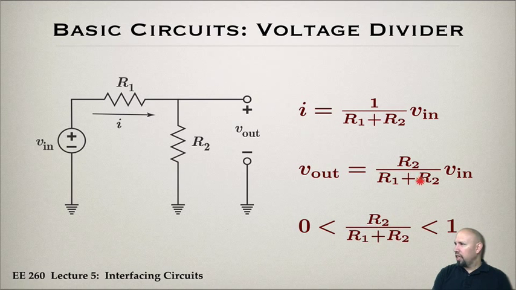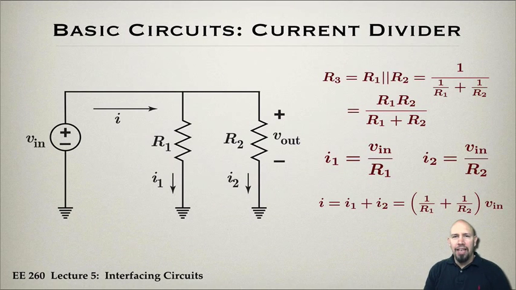Infinity over infinity, well, using calculus you could evaluate that, but you don't need calculus. If you just take the limit, you would get 1. So when R2 is very large, V out is roughly V in. When R2 is almost 0, V out is practically 0. So the output voltage is anywhere between V in and 0. That's what we get.